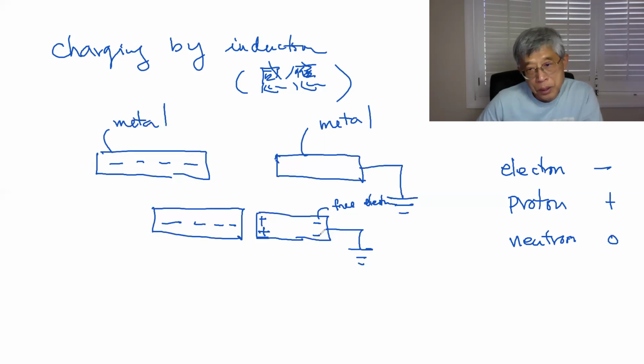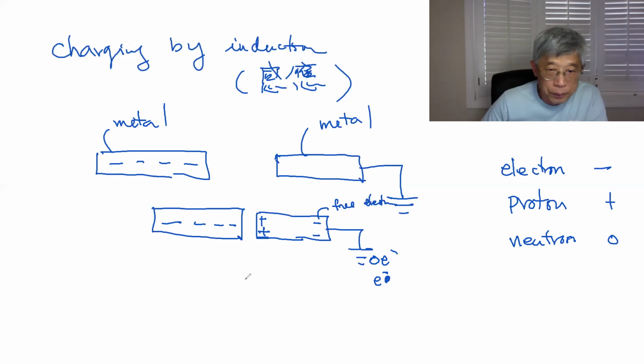Now since this side is connected to the ground, the free electrons would actually move over here and go into the ground. Now if you separate the two, you move this away, you move that away.